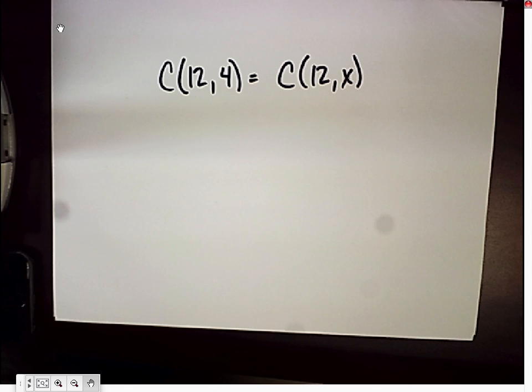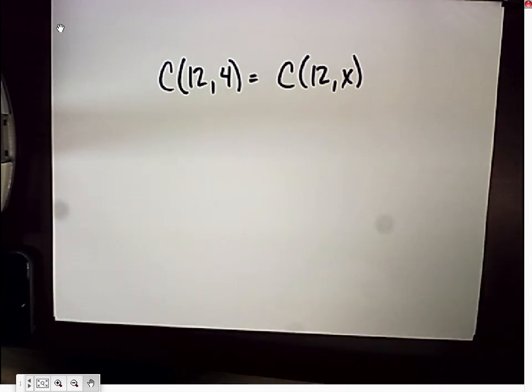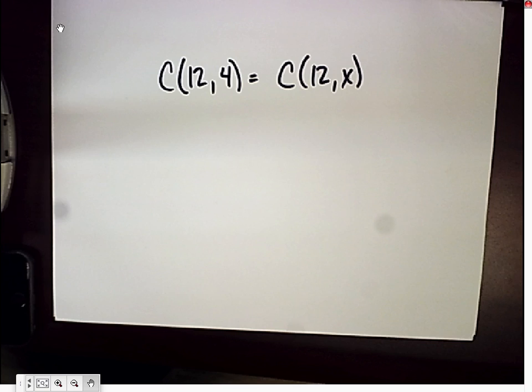How many am I going to pick? 4. So whatever that number is, which is the number of different groups of 4 there are in 12, every time I pick 4, I'm making a group of 8, the 8 people that don't get picked. So however many groups of 4 there are, there's that many groups of 8.